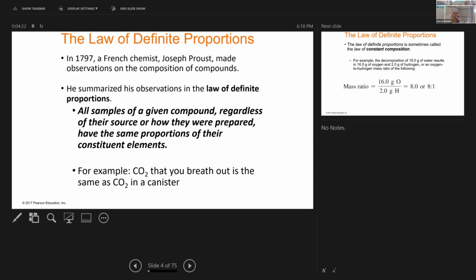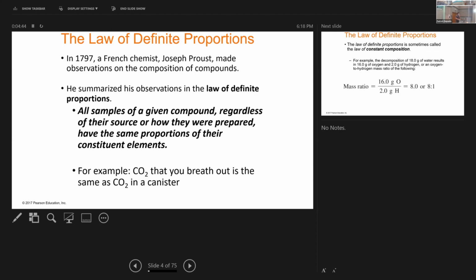Once you remove or add an atom from a molecule, or a compound, or really any molecule, it becomes a different chemical substance. So this law states that chemical substances that are the same, meaning water from here and water from there, are going to have the same exact chemical formula.